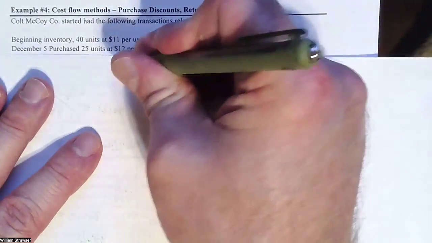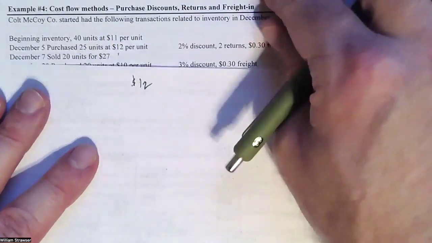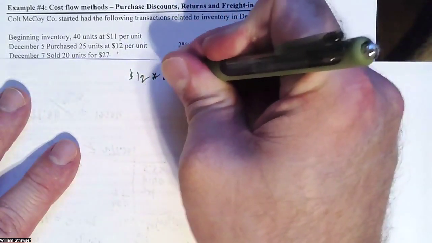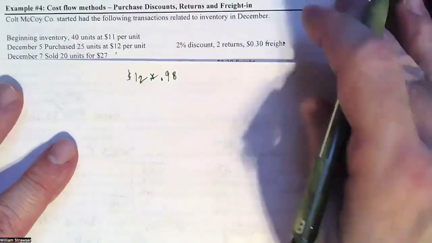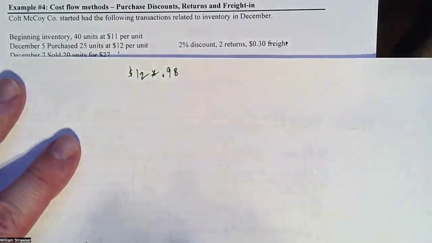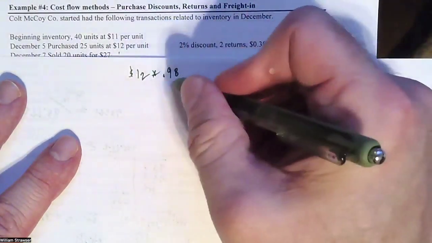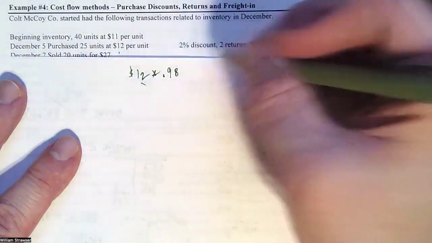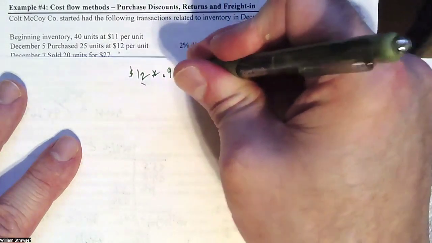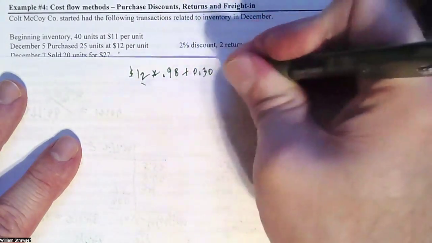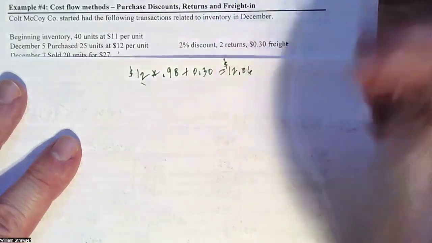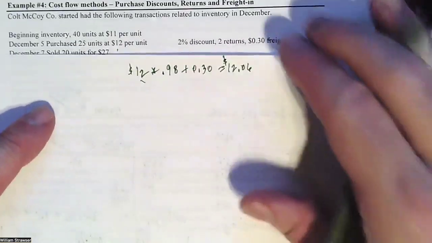But if I take $12 and then net off the discount, ignore the returns because I'm calculating a per unit without worrying about the return piece. If I discount the gross price by the discounted amount to get the net of discount amount and add the freight, I actually come up with 12.06 again, which is comforting because we should, right? Each one of these units is going to be 12.06.